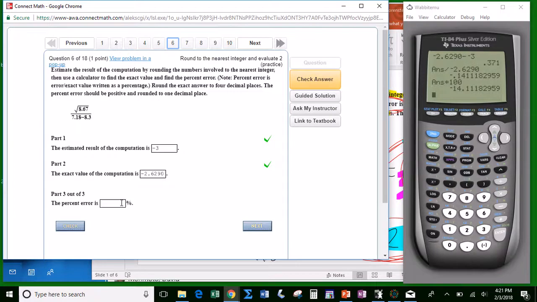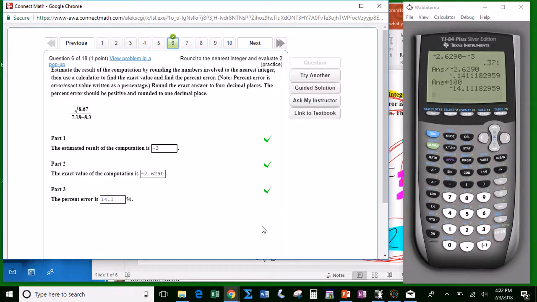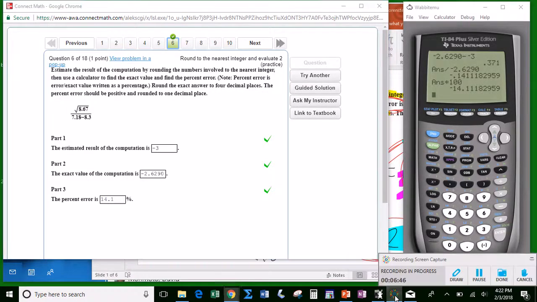We took the difference, divided by the exact answer, got a decimal, and converted that decimal into a percentage: negative 14.11182. The percent error should be positive and rounded to one decimal place, so I'm going to use 14.1% as the percent error. Let's just confirm. Yeah, looks good. So that's it for percent error. Hope this helps.